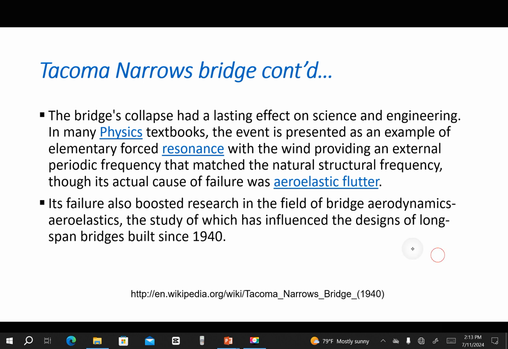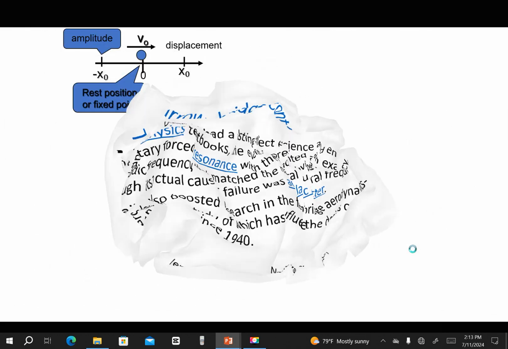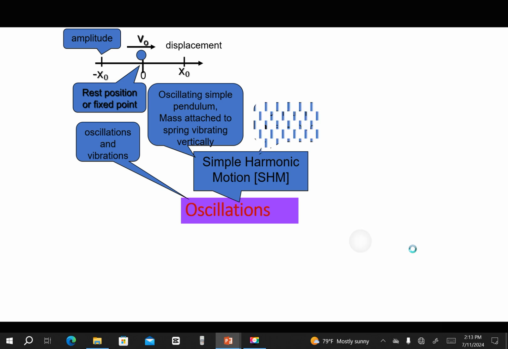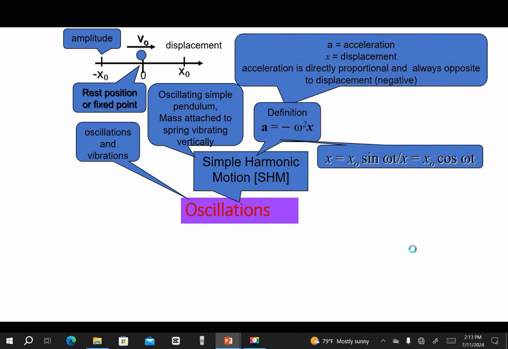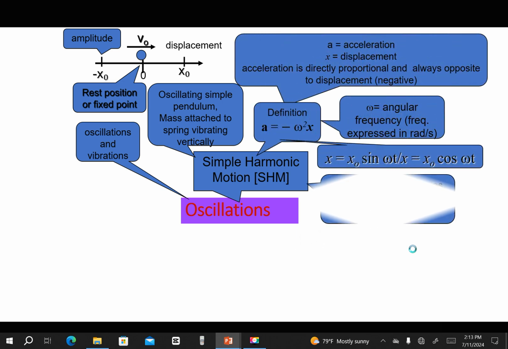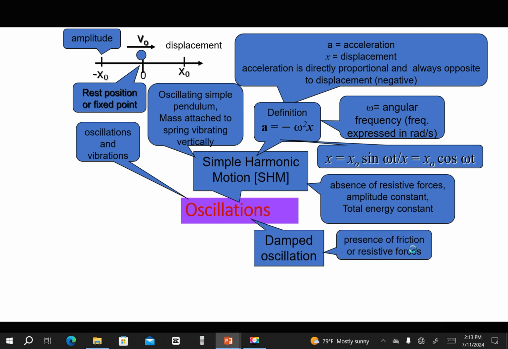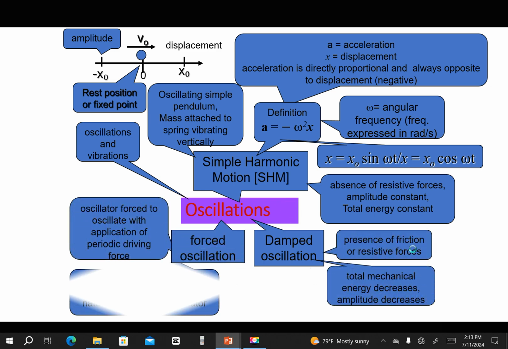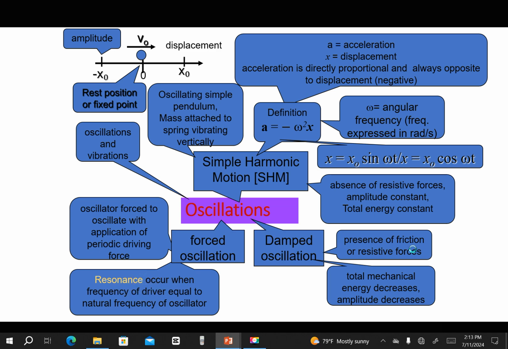So in a nutshell, we have summarized oscillations. We have come to the end of simple harmonic motion and oscillations. These chapters move together, and we have really tried our level best to explore all these parts of oscillations.